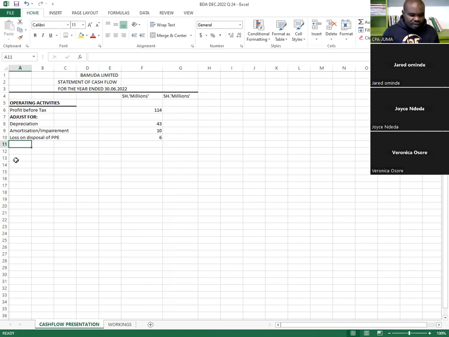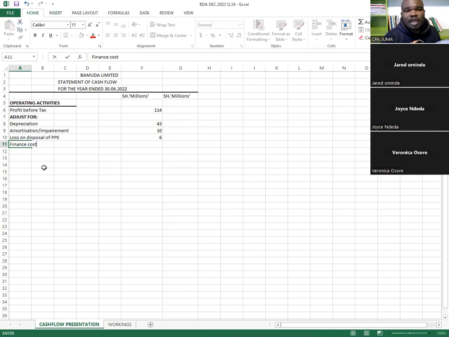So let's go back. PBT, where we have 114, I want us to climb backwards. Which item are you seeing? Finance cost. So you add back. Finance cost is not an operating expense. We don't incur it on daily operations. So you bring here finance cost.